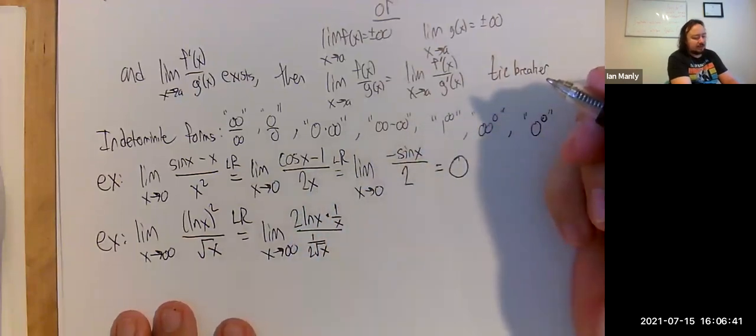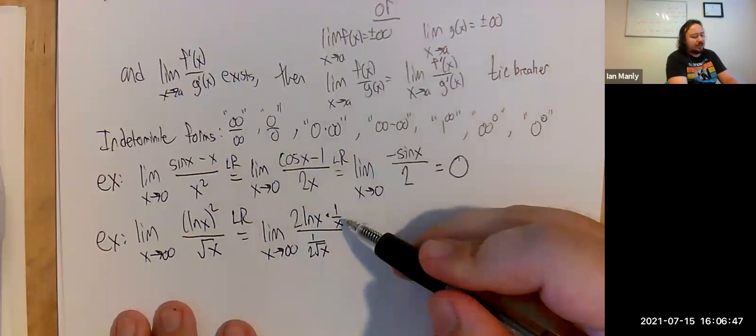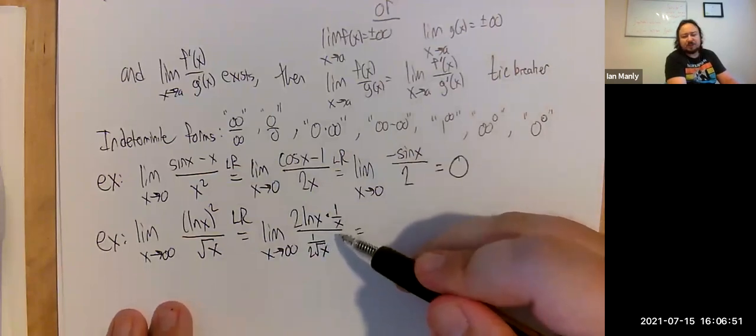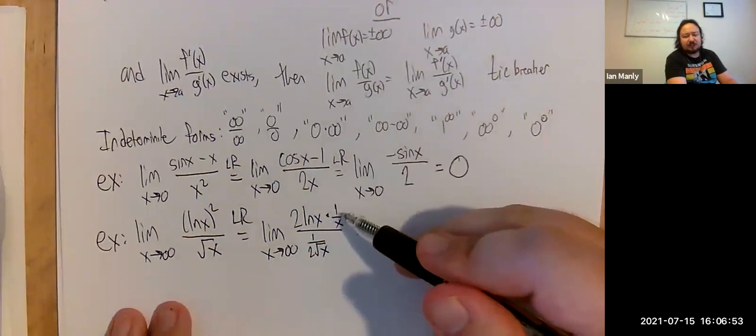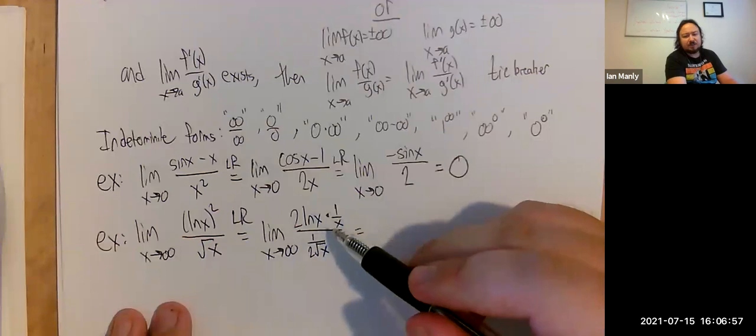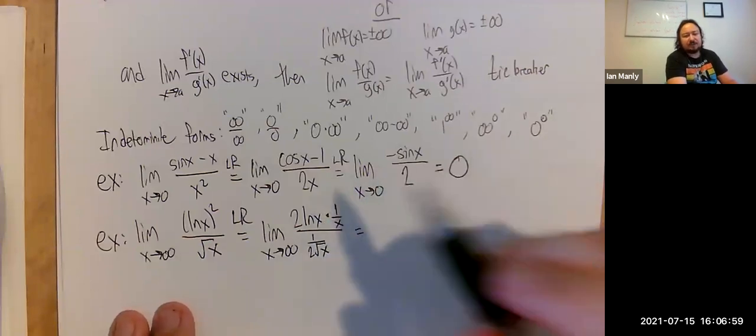All right, so what's going to happen now is I'm going to have to simplify this. A lot of times when things come out of L'Hopital's rule, they end up pretty messy. So we want to reorganize it and see if we can make sense of it, and maybe we have to use L'Hopital's rule again.